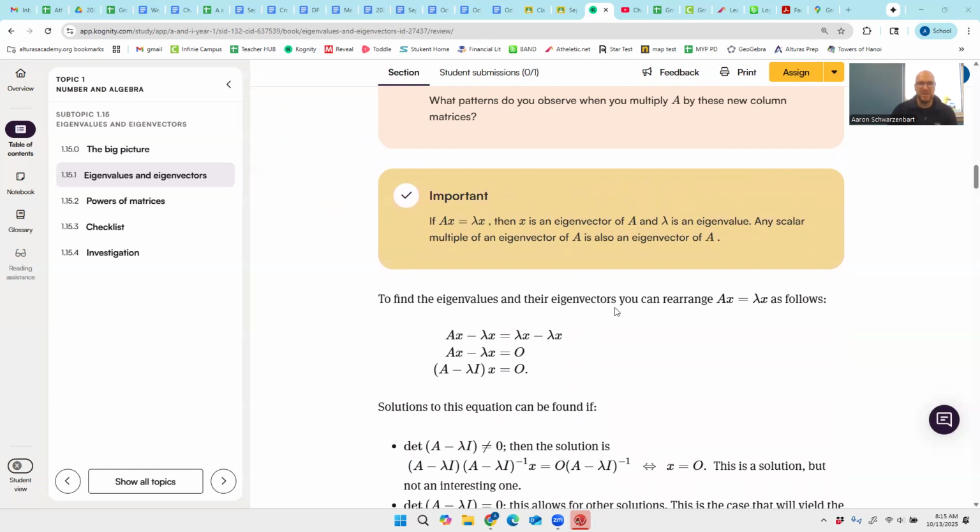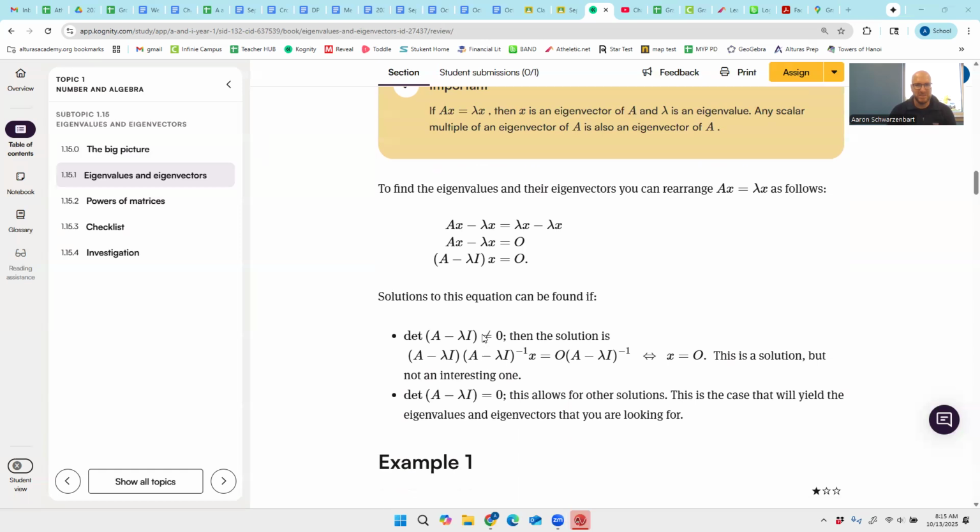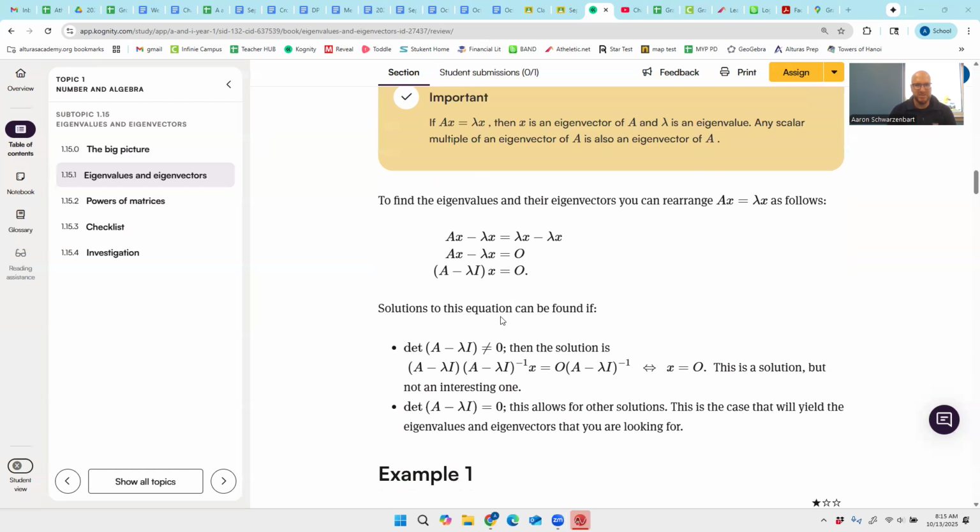So, to find an eigenvalue and its eigenvectors, you can rearrange this, where lambda is the eigenvalues and x is the eigenvectors.